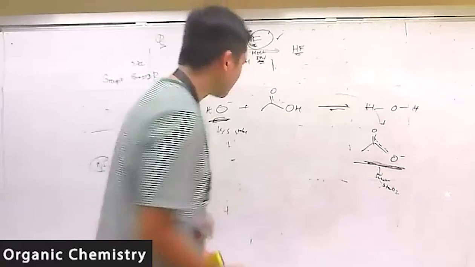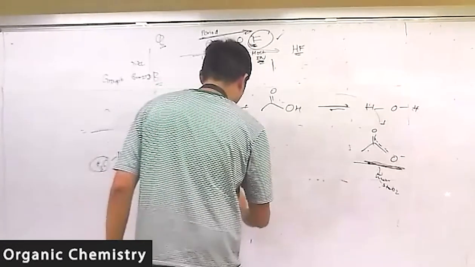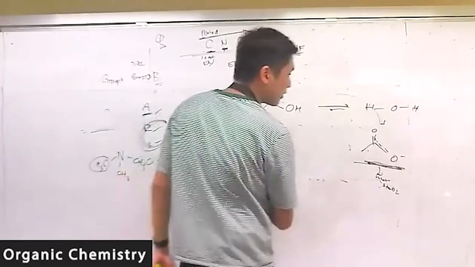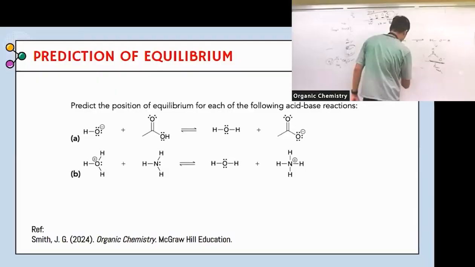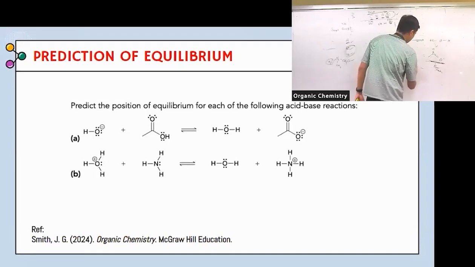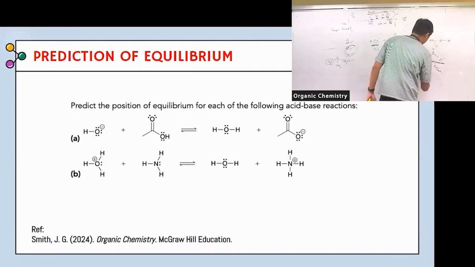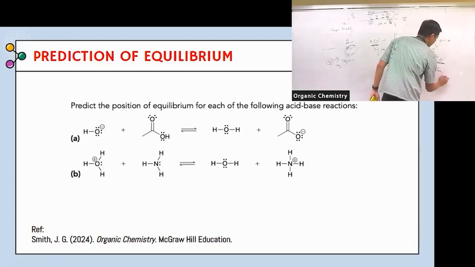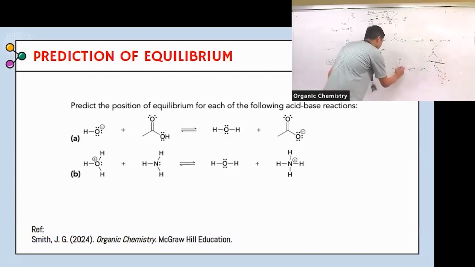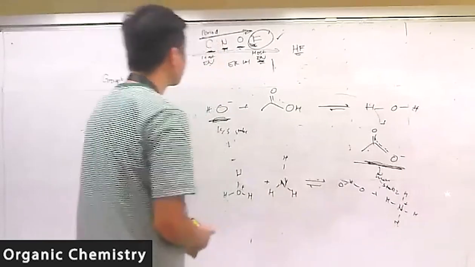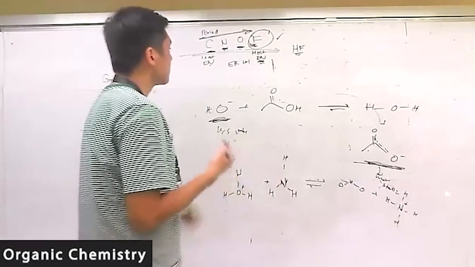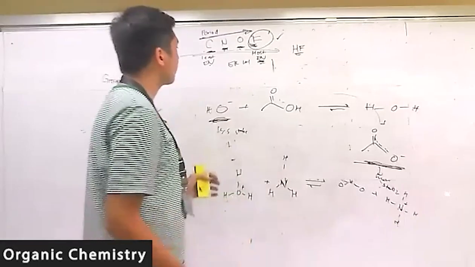For B, this is a little bit different from what we discussed a while ago, since we're talking about cations, positive charges now. NH4. It's a little bit different because we're talking about a positive charge. I mentioned earlier that a negative charge could be stabilized better by a more electronegative atom.